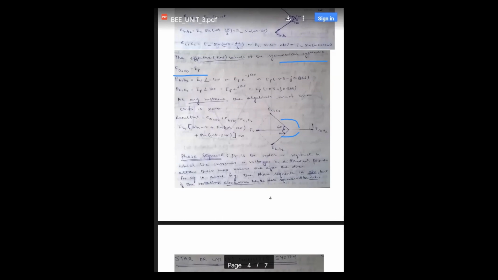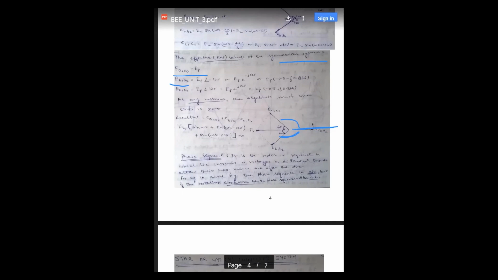So if we assume the x-axis as a reference axis and place the EMF produced due to the first conductor A1, A2 here, then the second phase EMF, that is E B1, B2, will follow the anti-clockwise direction and reach the x-axis after the passage of 120 degrees.